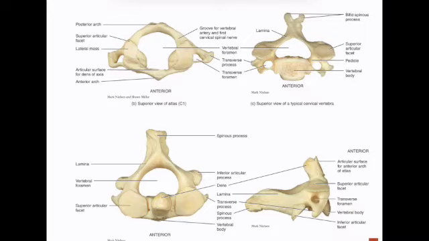All right, so we're going to be starting with cervical characteristics of the spine. Okay, so here we are in the cervical region, and what we are viewing here is the atlas and the axis. So I remember being in anatomy and we were looking at the cervical region of the spine.